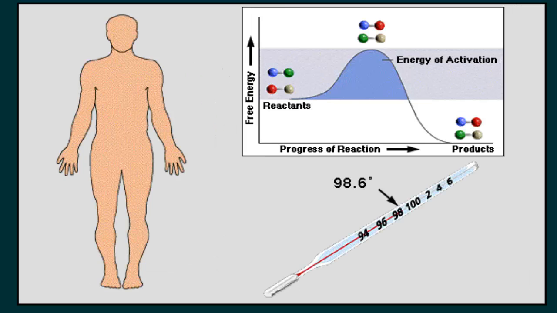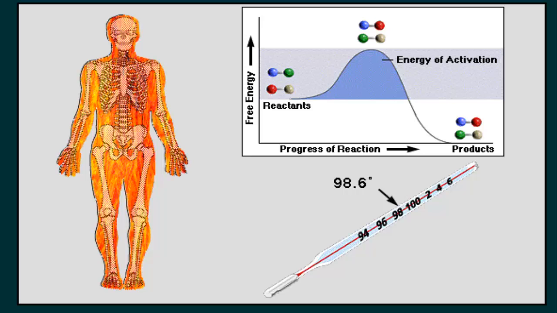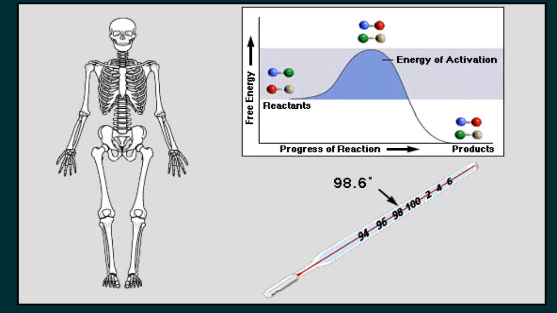In a living organism, such as a human, the energy of activation for a chemical reaction cannot be achieved by applying heat. This would raise the temperature within the organism to a level beyond that which sustains life, causing the organism to die. Therefore, the energy of activation must be lowered. This is done by enzymes.